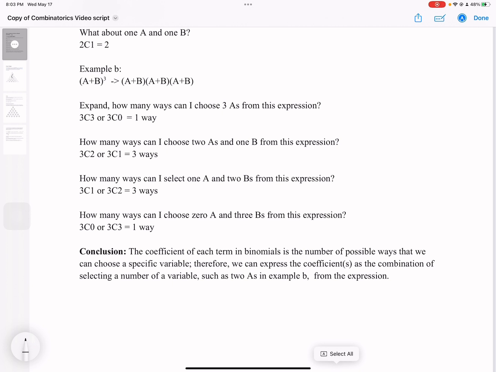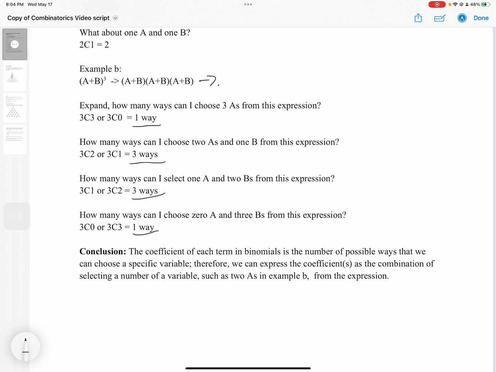According to what I just said before, the number of ways determines the coefficient in front of each term. So according to what we already have here, we can determine the rule for this cube.